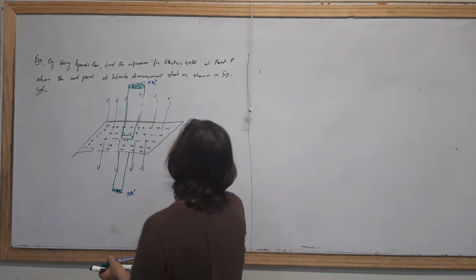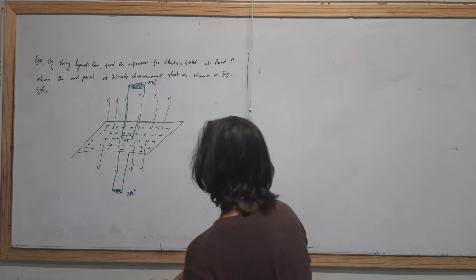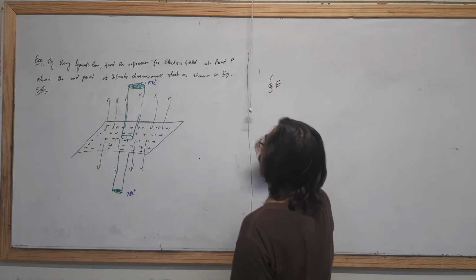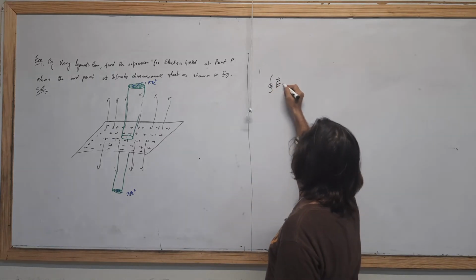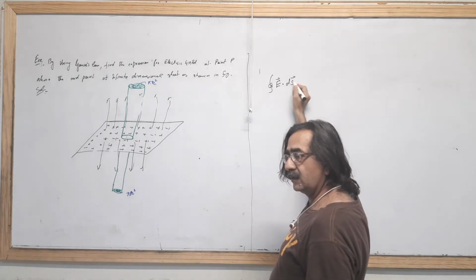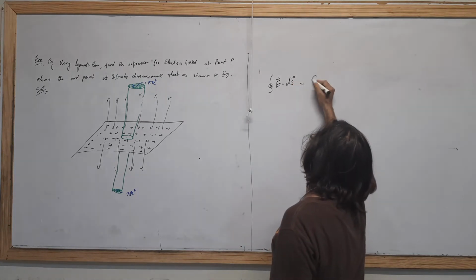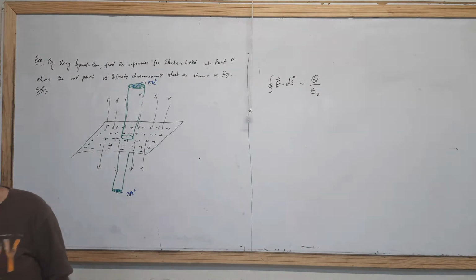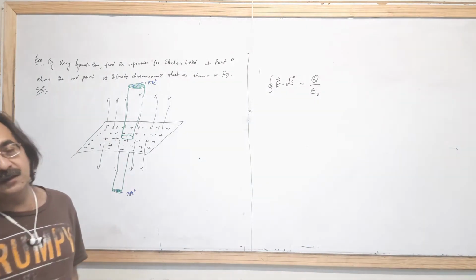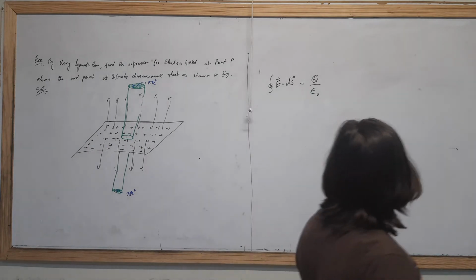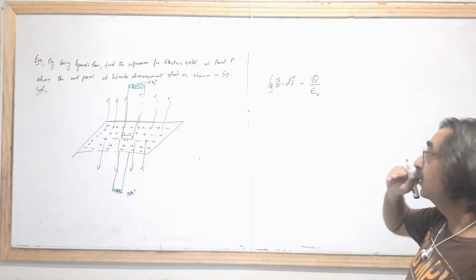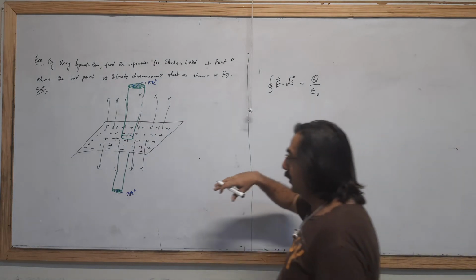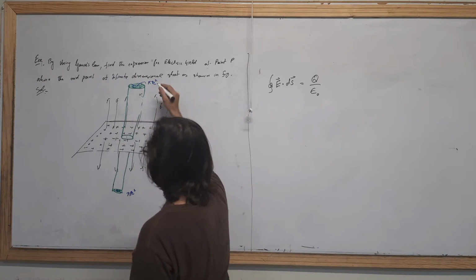According to Gauss's law, as we have already explained, the closed surface integral of E dot dS equals q over epsilon naught. The E fields are going upward and downward.